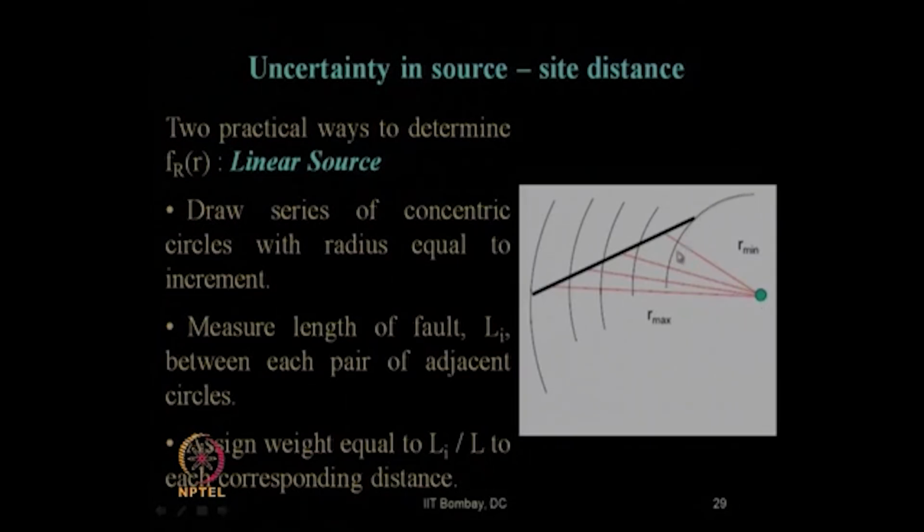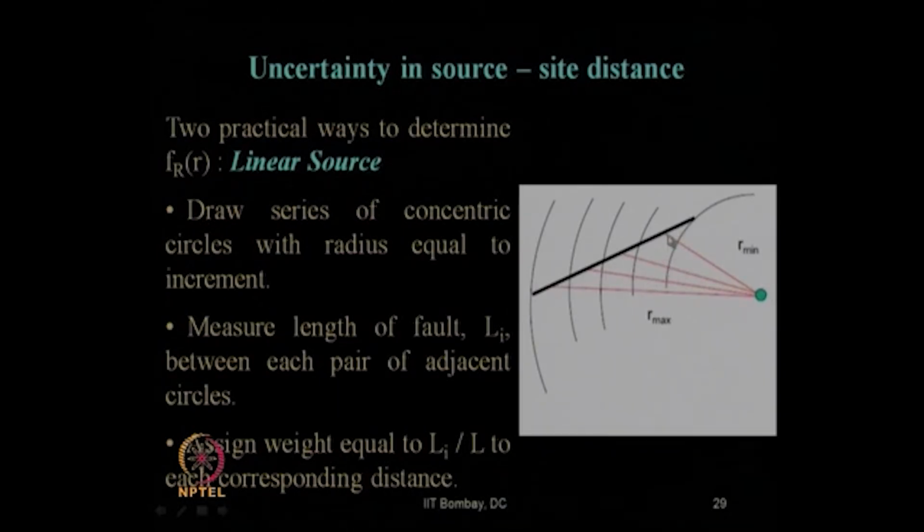First you draw a circle which will touch the source. Then you make a certain increment in the radius and draw another circle; it will cut the source at another point. Do another equal increment of the radius, it will cut at another point, and further another point. So, the entire source is subdivided. Got it?